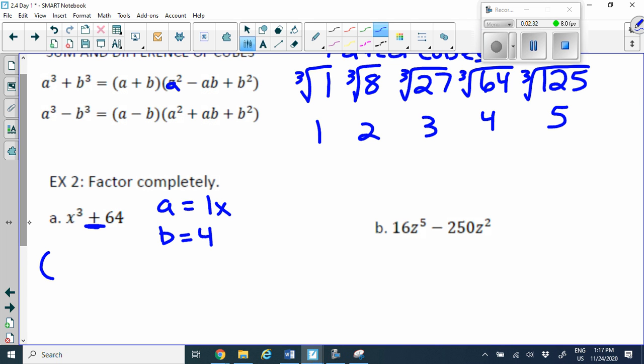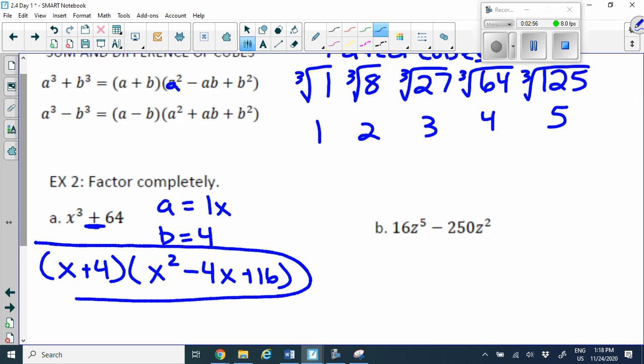So we have 1x, or you can just put x, plus our b, which is plus 4. Now we have a squared, so 1x squared, which is just x squared. Minus ab, so 1x times 4, that's minus 4x. And then plus b squared, so we square our 4, which gives us plus 16. And this is our factorization.